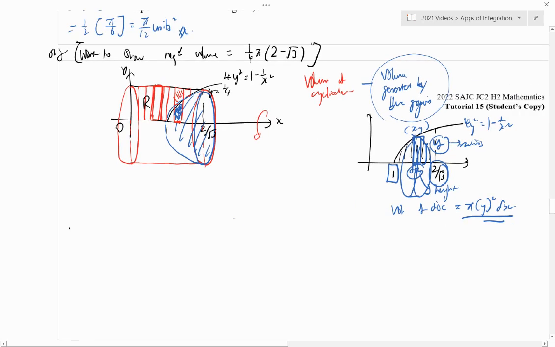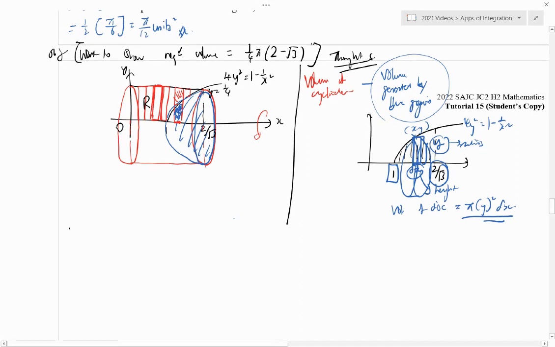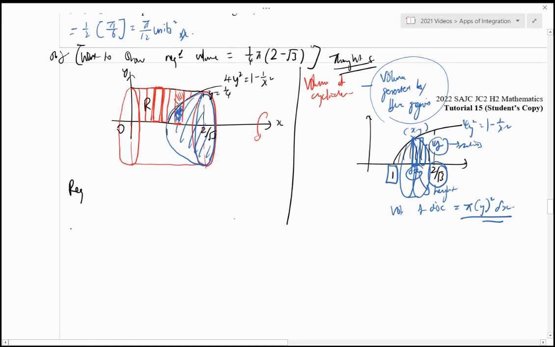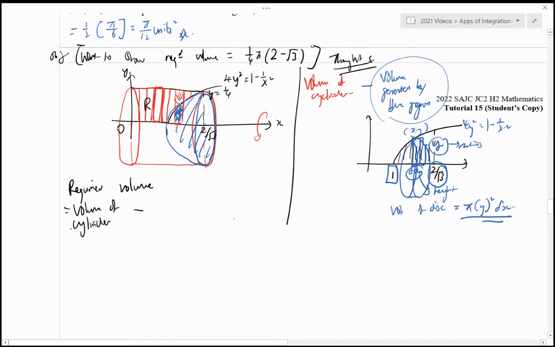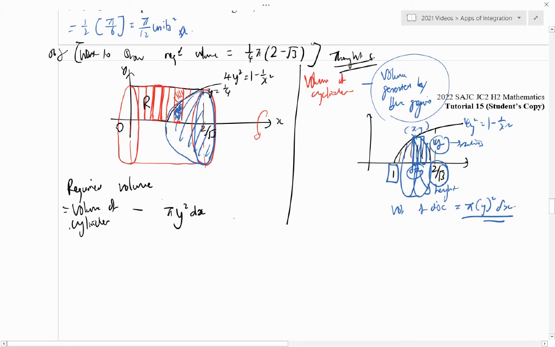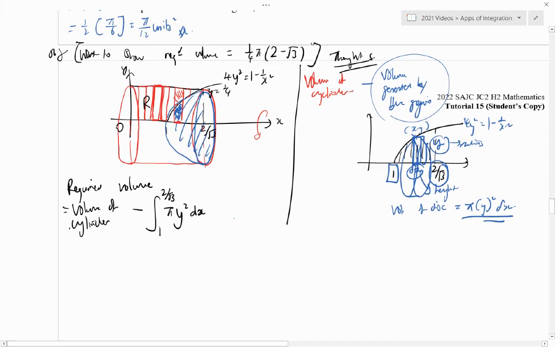Okay, so now we are ready to begin the question. So based on the diagram, the required volume would then be the volume of the cylinder, subtract the volume of one disk summed from x equals 1 to 2 over root 3.